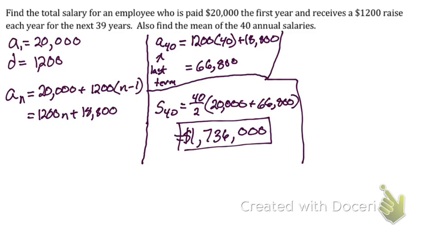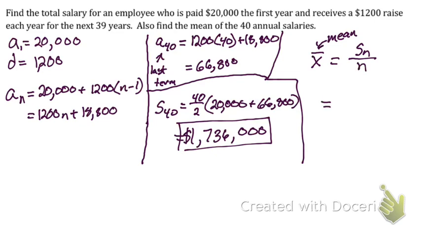The last thing we're supposed to do is come up with the mean. Well, the mean is just going to be our total divided by how many years it took to do that. So an easy way to put that is our average, which is just x bar, that just stands for mean, is going to equal the total amount of money they made, S sub n, divided by how many years it took them to make that much money.